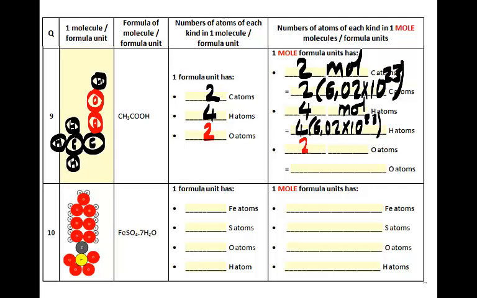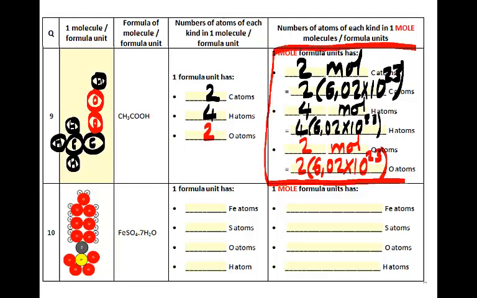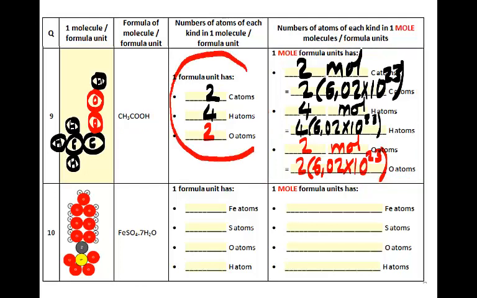And we have 2 moles of oxygen atoms, 2 groups of this number, Avogadro's number, which refers to the number of particles in 1 mole. Again, everything in this block is equivalent to everything else in this block for this particular compound. And everything in this block is equivalent to everything else for this compound. So we can create conversion factors using pairs of these.